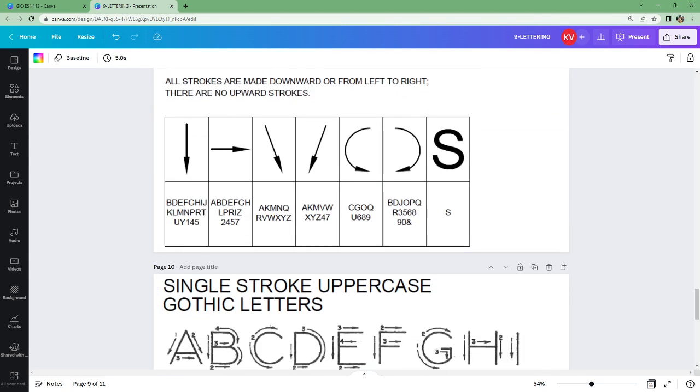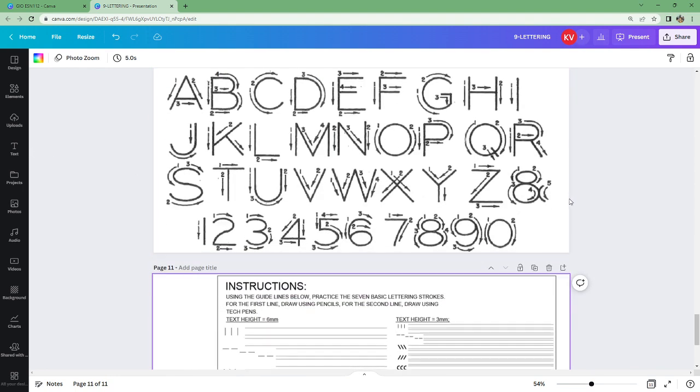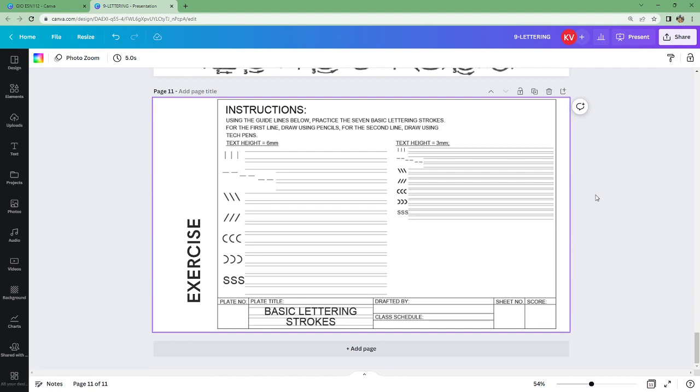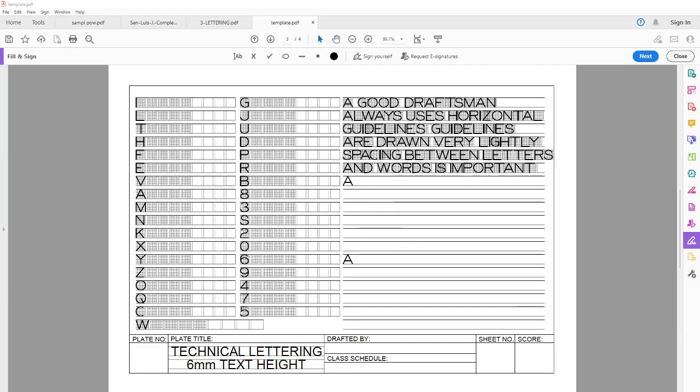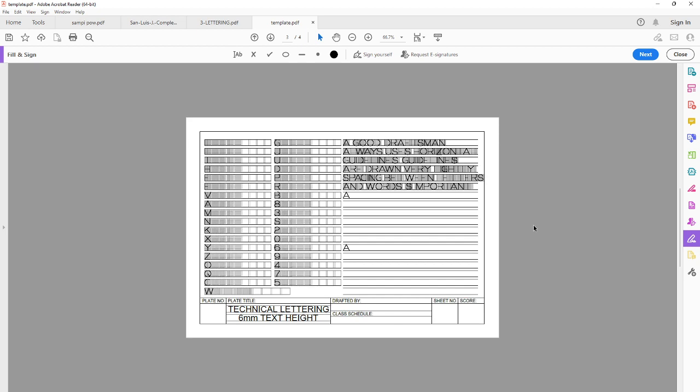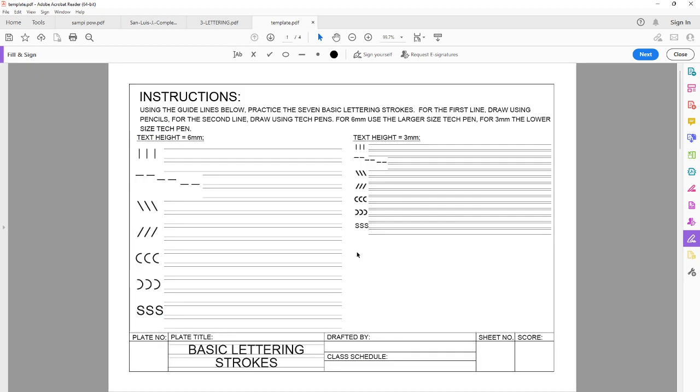Yes, Nino, do you have a question? A4, A4, A4. On the materials that I required you to buy, I specifically wrote A4 paper, right? I repeated A4 and not short bond paper because these templates are printed using A4 paper.